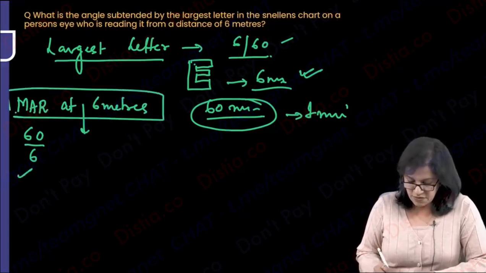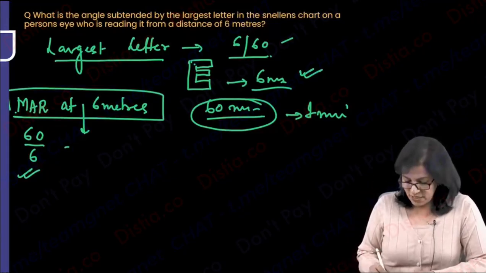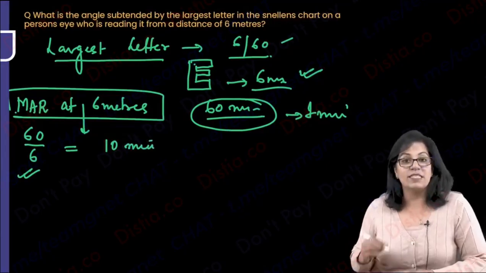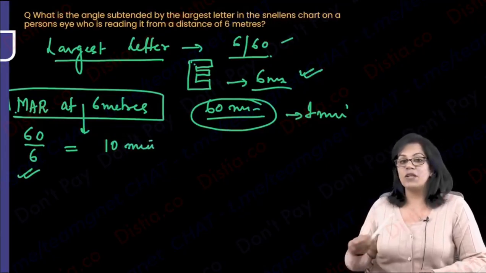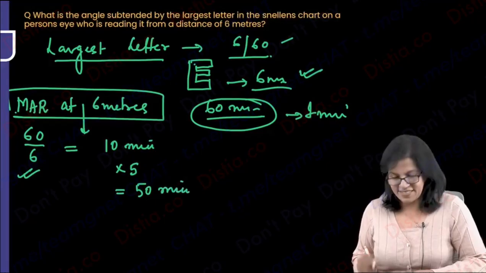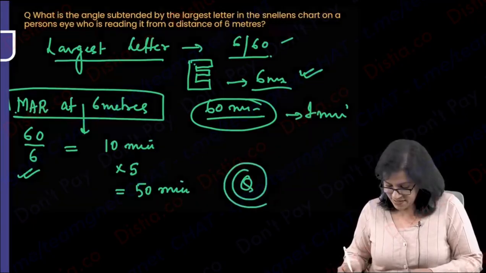You just reverse the fraction. It was 6 by 60, make it 60 by 6. What is the minimum angle of resolution here? It becomes 10 minutes. Correct? But this is the minimum angle. That means overall is always into 5. We have just learned that. That means our answer will become 50 minutes. Easy? So this was your exam question.